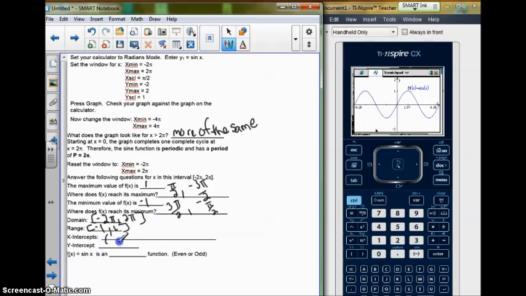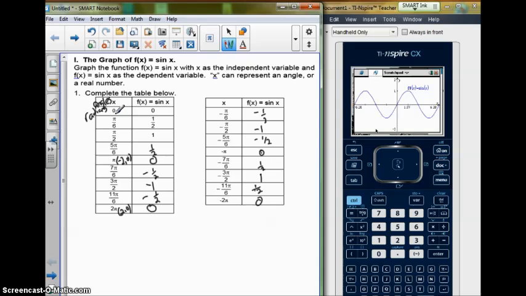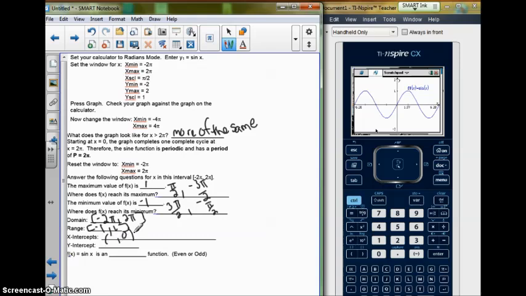Okay, the x-intercepts. Where is y equal to 0, or f of x equal to 0? Okay, so go back to your table, take a look. 0, pi, 2 pi, negative pi, and negative 2 pi. Okay.